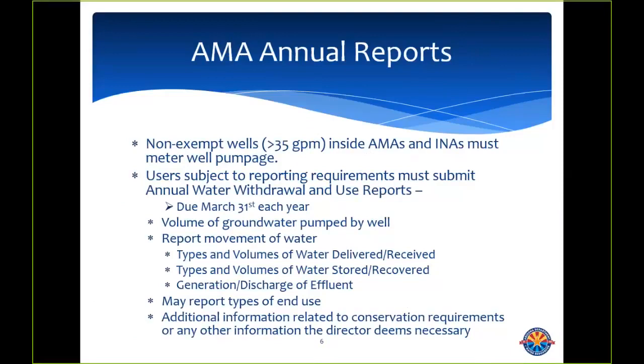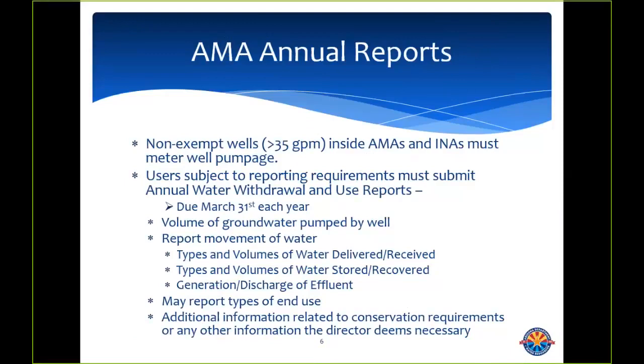When we talk about reported data, which is what I'm going to be focusing on today, we are largely referring to the data from the AMA annual reports. Users with wells greater than 35 gallons per minute inside the AMAs and INAs must meter their pumping, and those who are subject to reporting requirements have to file annual reports with ADWR.